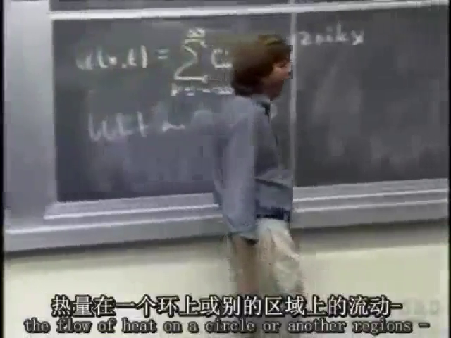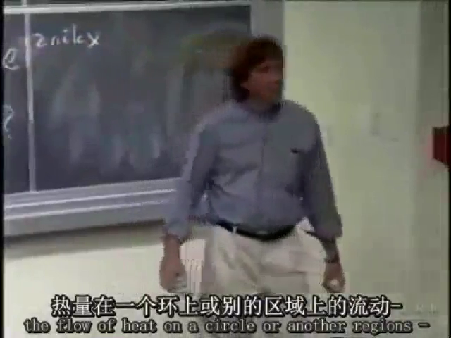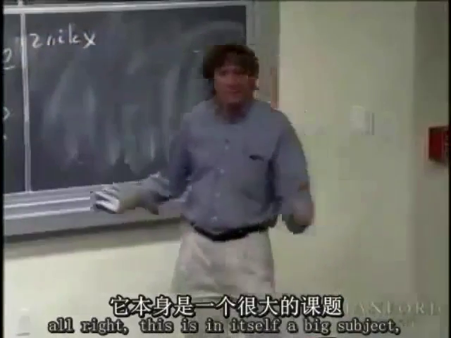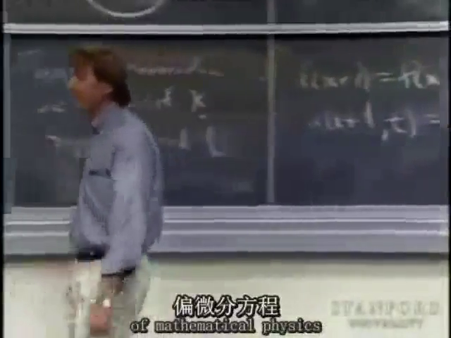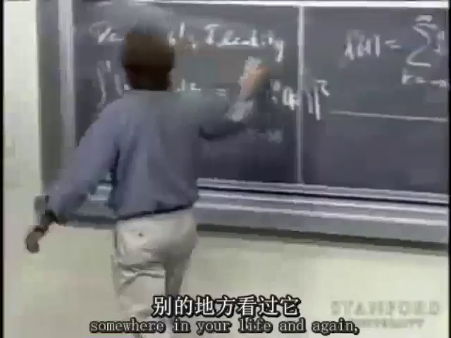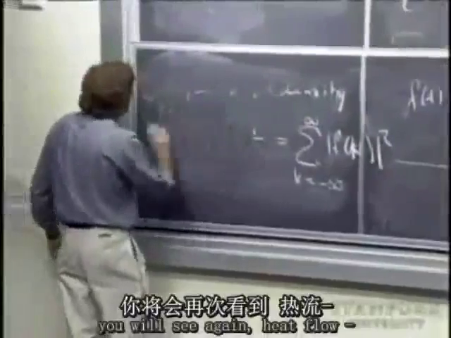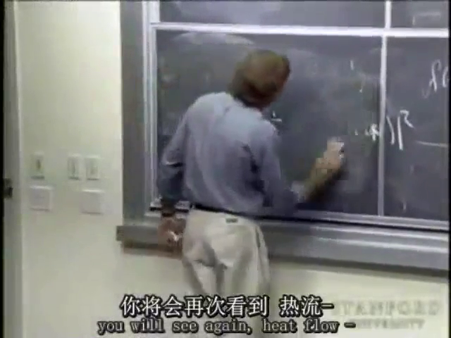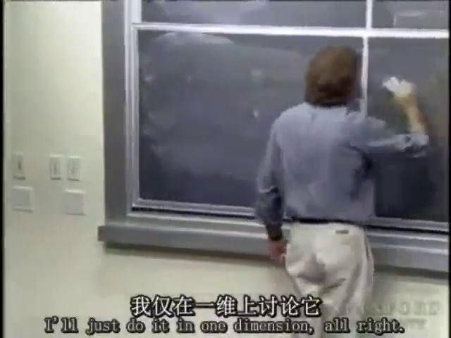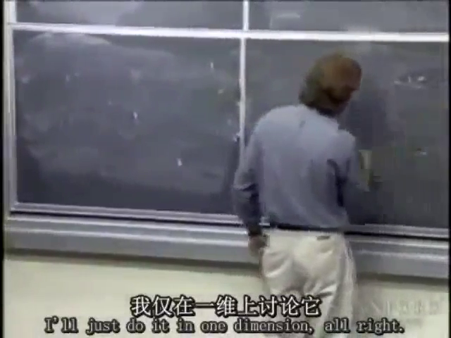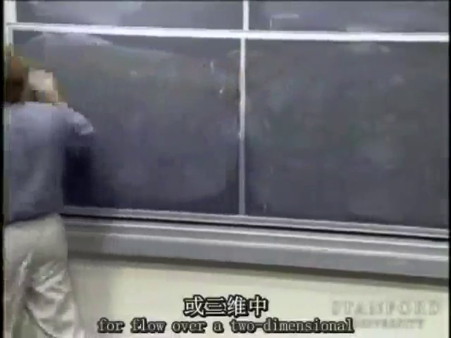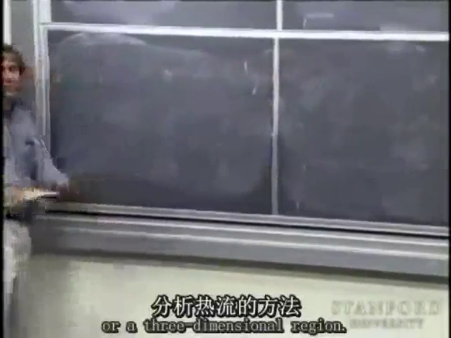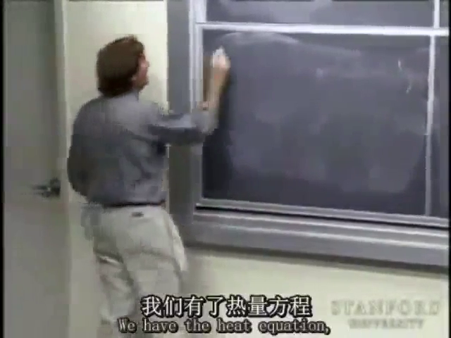The flow of heat on a circle or another region is one of the basic partial differential equations of mathematical physics, which you have probably seen somewhere in your life. I'll just do it in one dimension, but there are also ways of analyzing this for flow over a two-dimensional or three-dimensional region.